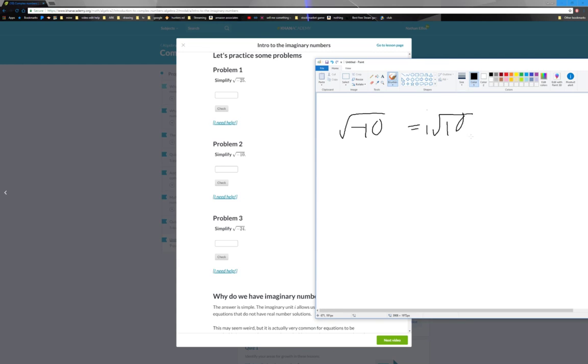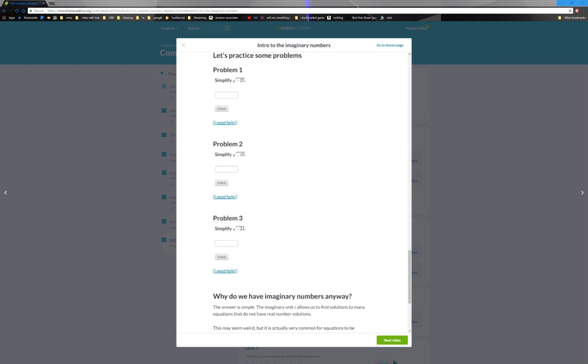And then, let's see, what can we simplify that to? I think that's as far as that can be simplified, so i times the square root of 10.